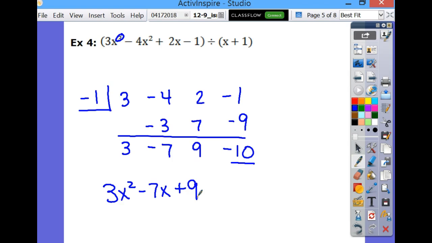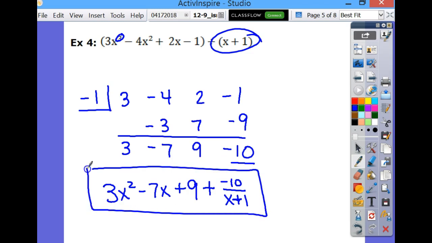What do you do with the remainder? Well, way back there in elementary school, hopefully you learned that the remainder can go over the divisor. That is how you write the answer with a remainder.